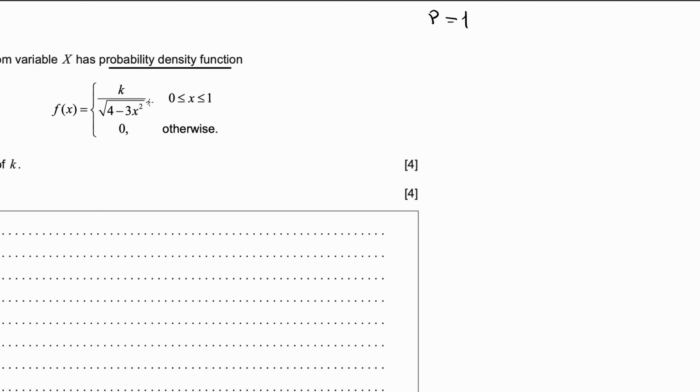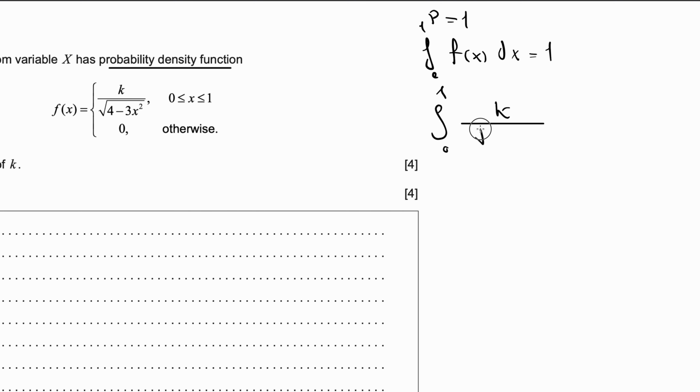So in order to find the probability, you have to take the integral of f of x. So the integral of f of x, we know that it is equal to 1. We know the boundaries as well, right? So the only step that requires thinking is solving the integral itself.